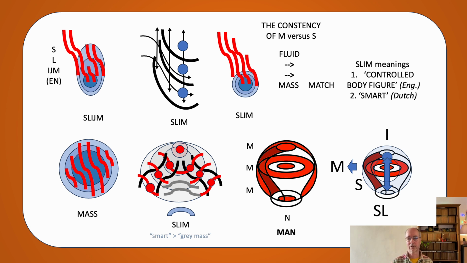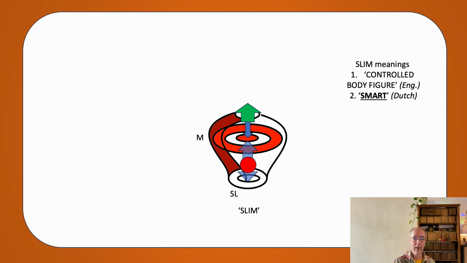That's more or less what you can associate with SLIM. It was a difficult word, so I had a lot of explanation. Sorry for that. So what I can say, now I can associate it, SLIM has two meanings. So it is a controlled body figure, or it is smart or cleverness, that we already know. So there is a control between this mass forming thing and slinging form.